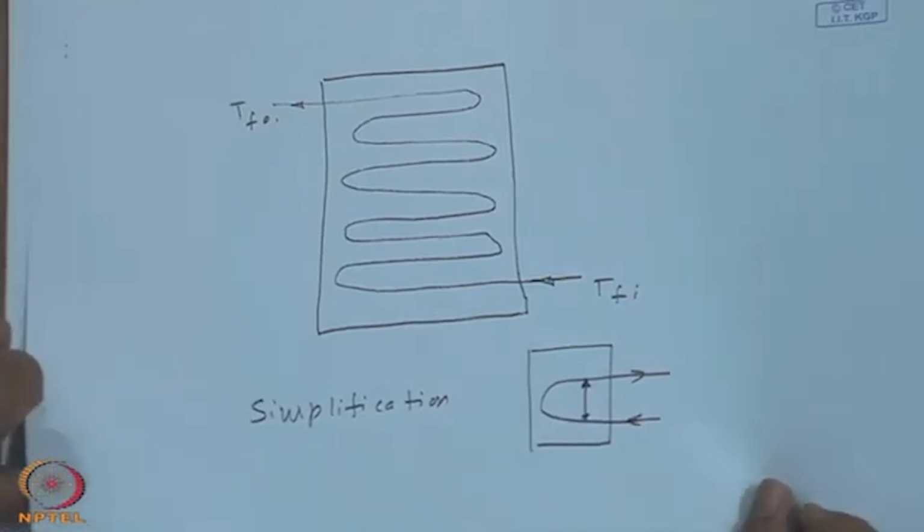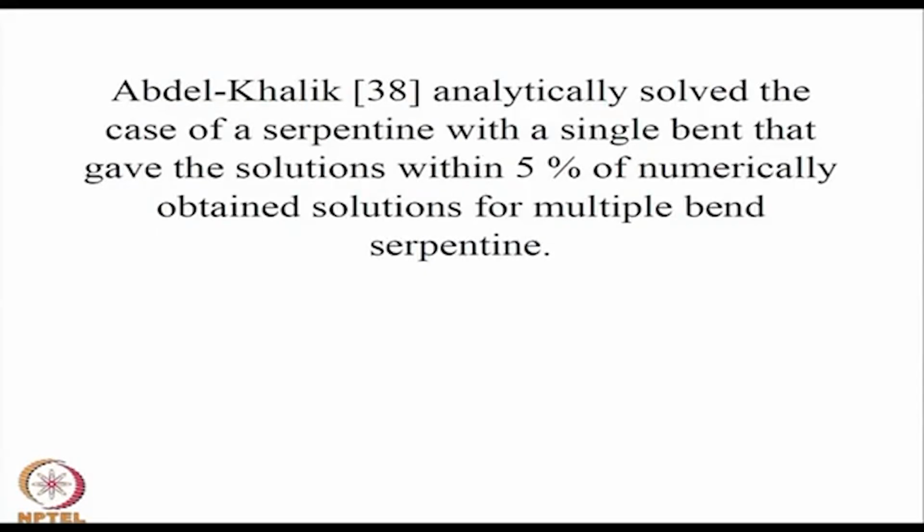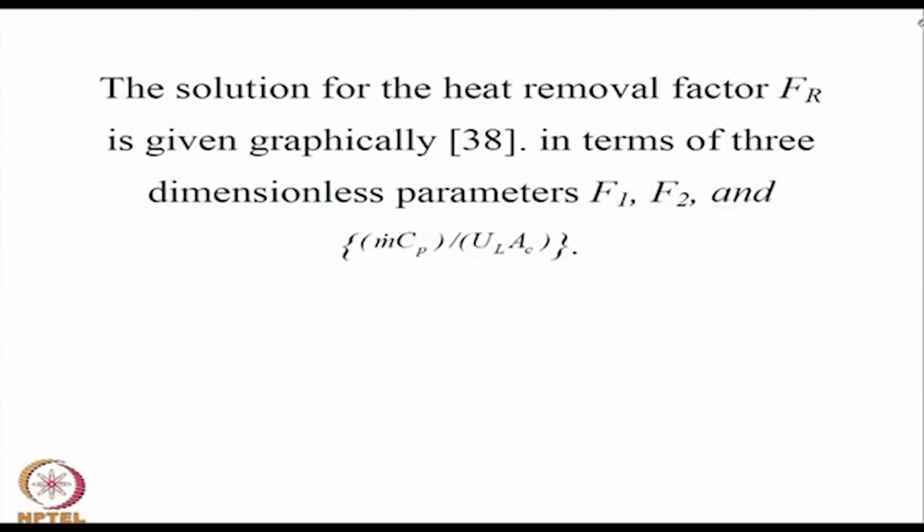Consequently, you have to appropriately use the characteristic dimension, and thereby you will get the answer for the single bent serpentine arrangement, and that gave results within plus minus 5%.